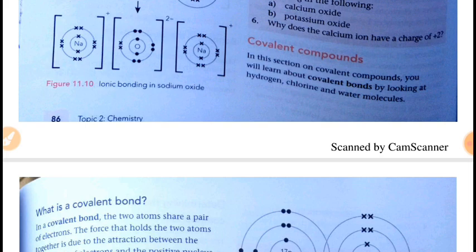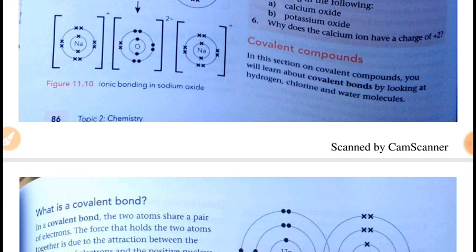Remember, in the last tutorial we said that ionic bonding is whereby electrons are transferred from metals to non-metals and then they become ions. We talked about the negative ions and the positive ions.